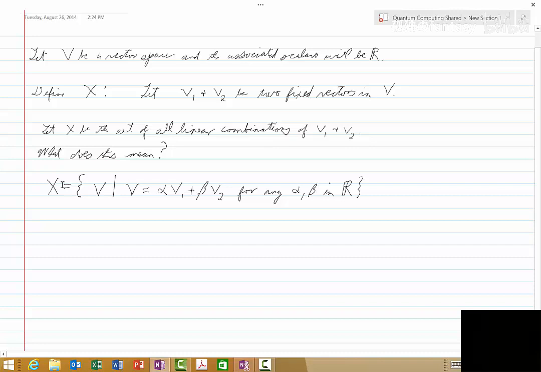And now we want to ask the question, is X a subspace of, let me make the vector space be script V so that we can distinguish between the script V for the vector space and the V here for vector.